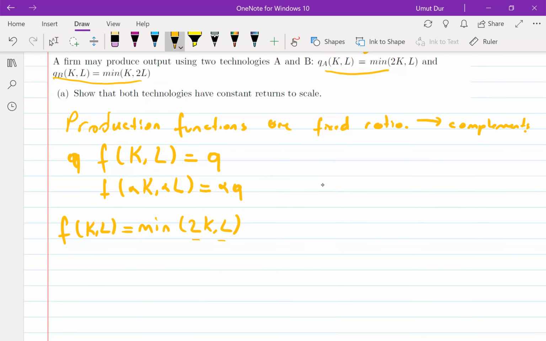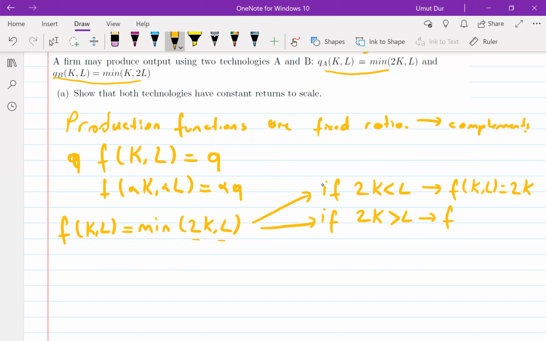If 2K is less than L, then 2K is the minimum, then F(K,L) is equal to 2K. If 2K is greater than L, then L is minimum, then it will be L. And if 2K is equal to L, it can be anything; by anything I mean it is L, which is also equal to 2K.